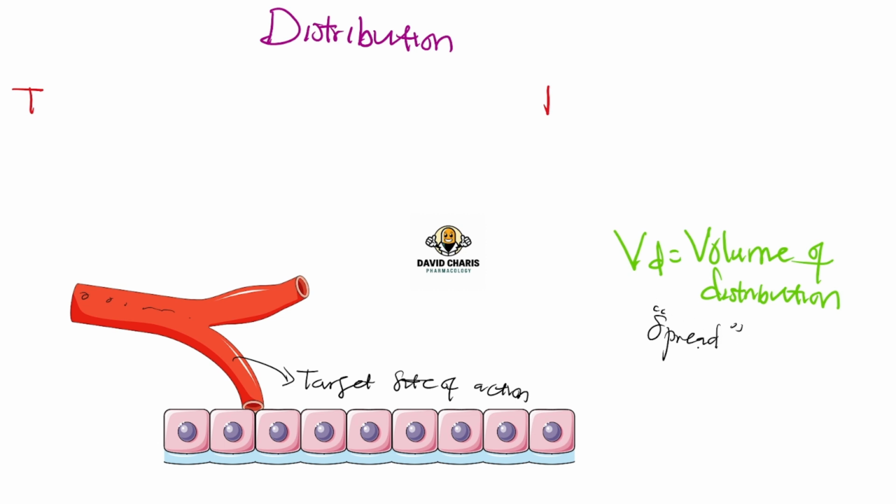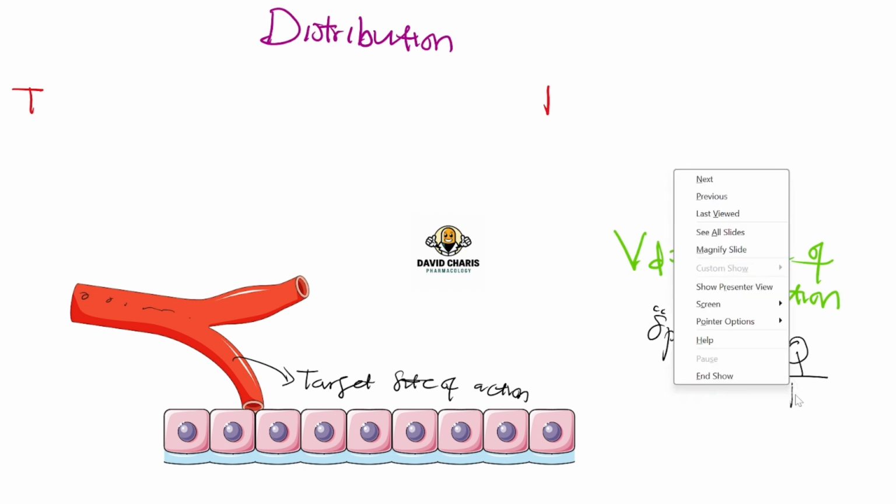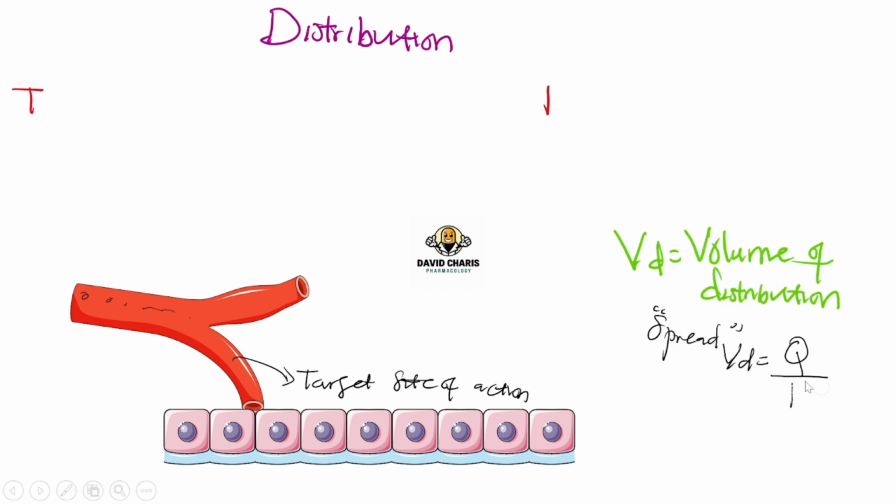Or you can say pharmacologically that the volume of distribution is the volume in which the drug is distributed compared to that present in the plasma. That means VD is equal to the amount of drug over the peak plasma concentration.